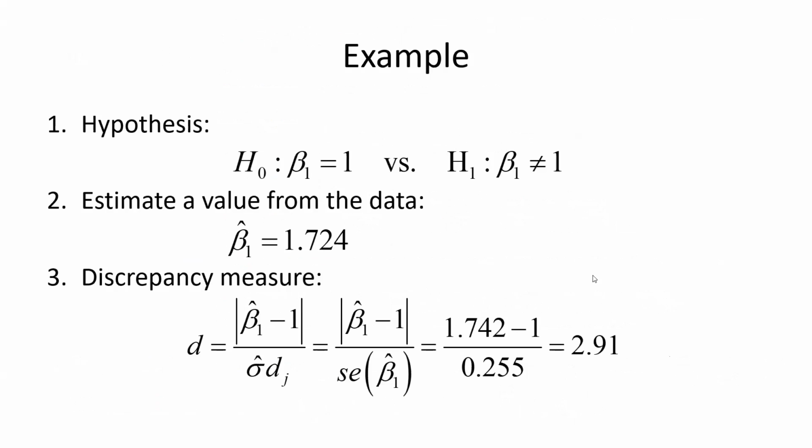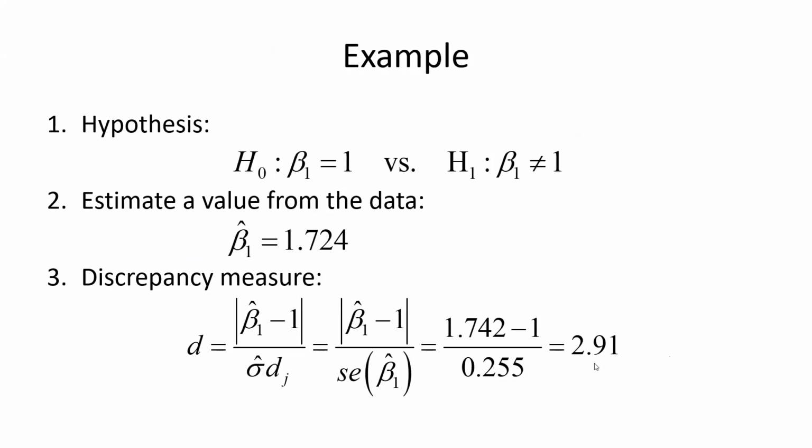So in the procedure, we formulate the hypothesis, beta 1 equals 1 versus not. Estimate a value from the data, from the output. And then compute the discrepancy measure, beta 1 minus 1, the hypothesized value, divided by the standard error from the output, equals 2.91.